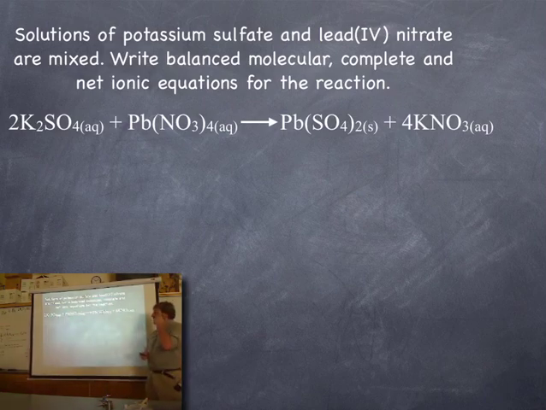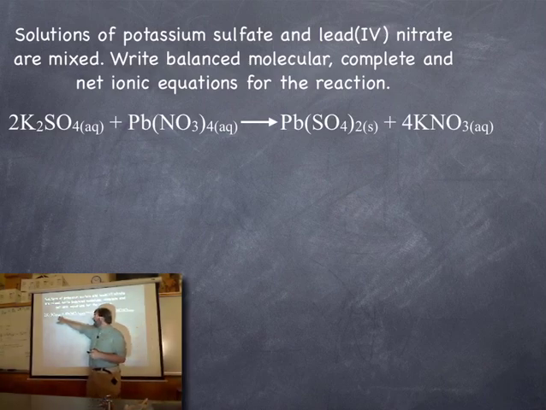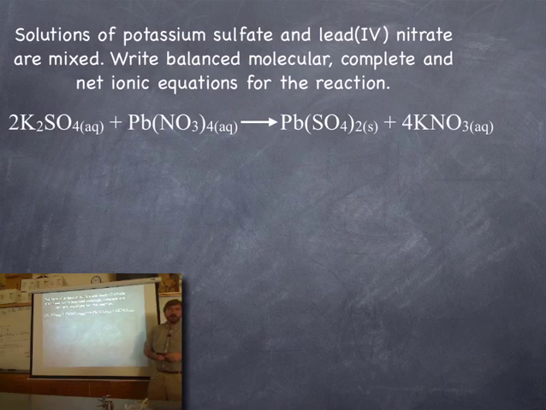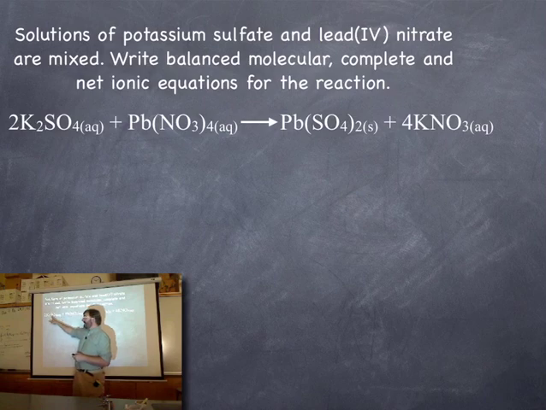Now, anything where it says AQ, aqueous, it's an ionic compound, what do I do to it? Break it apart into its ions. And whatever the coefficient is, that coefficient needs to be taken into account as well as the subscripts on these individual ions.